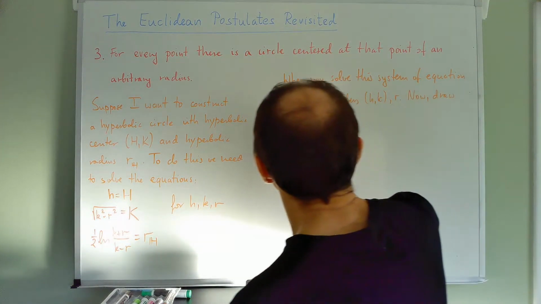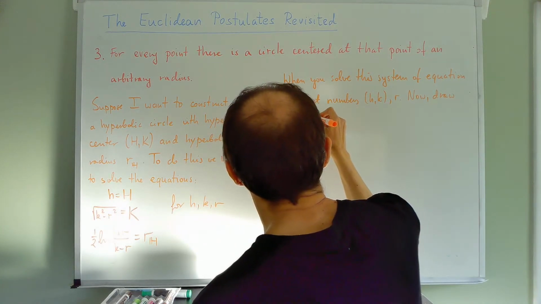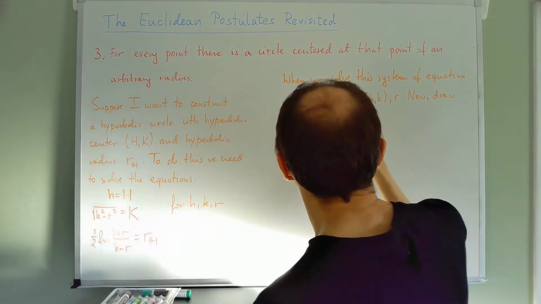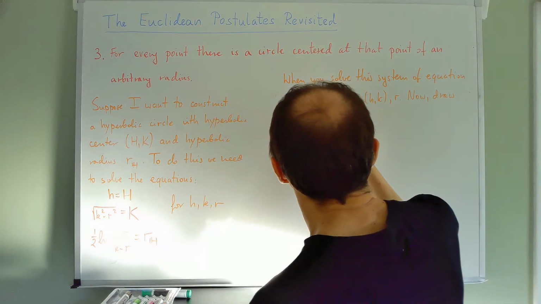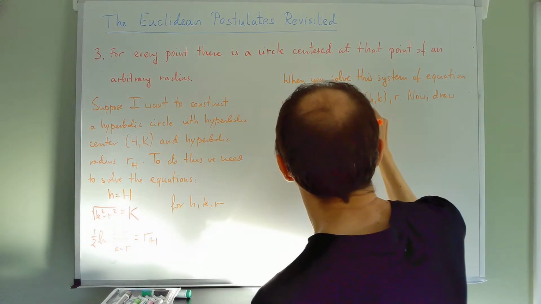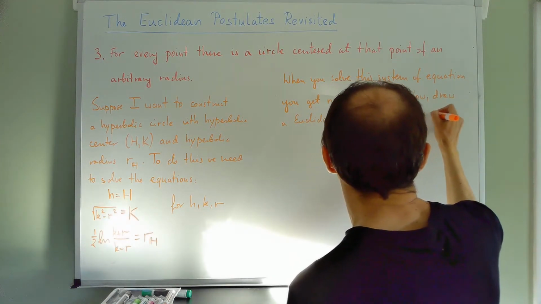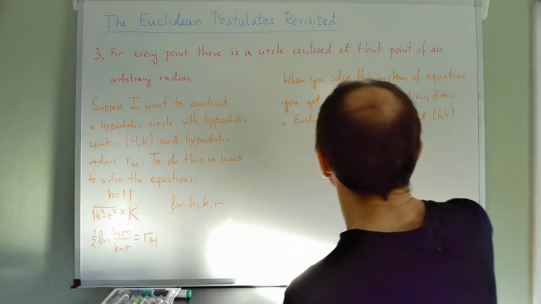Now, draw a Euclidean circle centered at (h, k) of radius r.